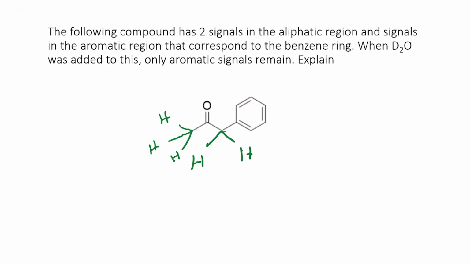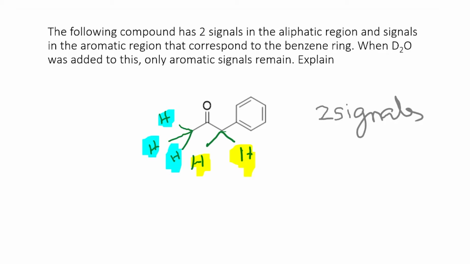Correspondingly in the aliphatic region, you will have 1, 2, and these 2 hydrogens are equivalent, so you will see one type of signal for these 2 hydrogens. And these 3 hydrogens again are equivalent, and therefore you would see another set of signals, which is what the question says: you would see 2 signals in the aliphatic region.